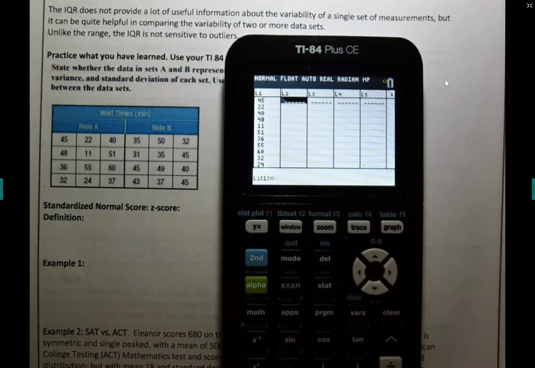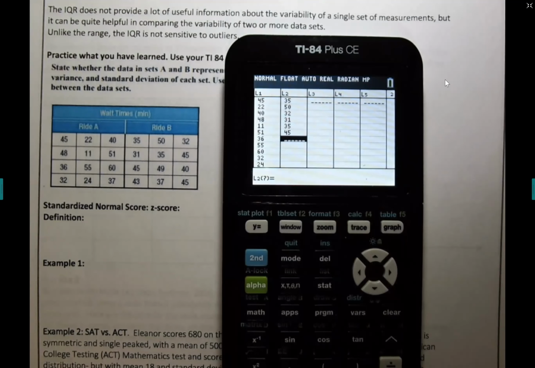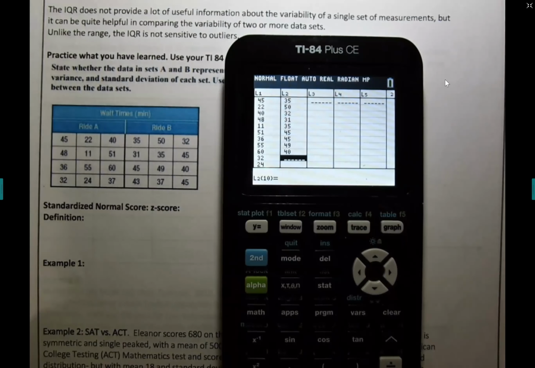Let's go to the second data set. 35, 50, 32, 31, 35, 45, and then 45, 49, 40, and then 43, 37, and 45. Okay, great.